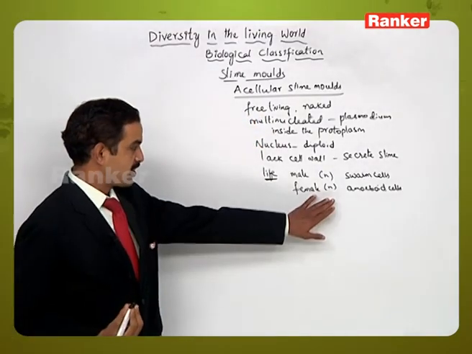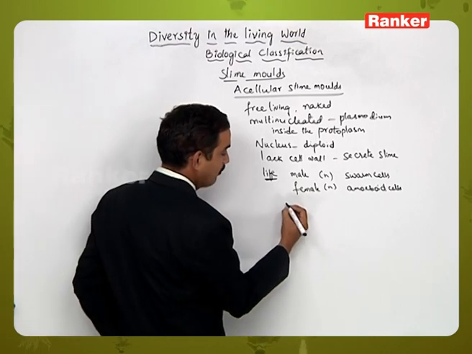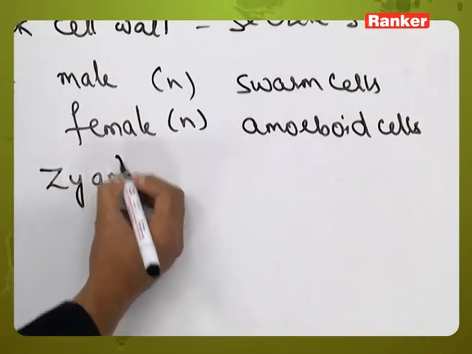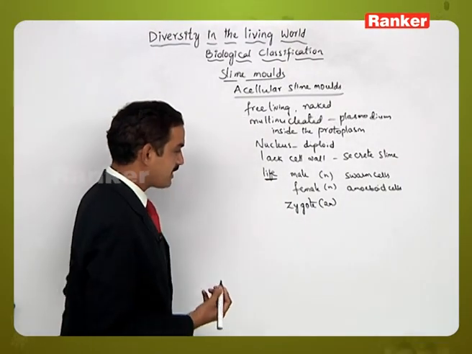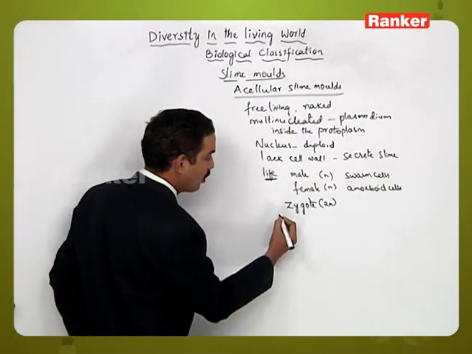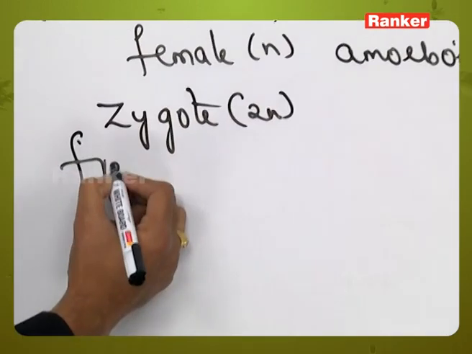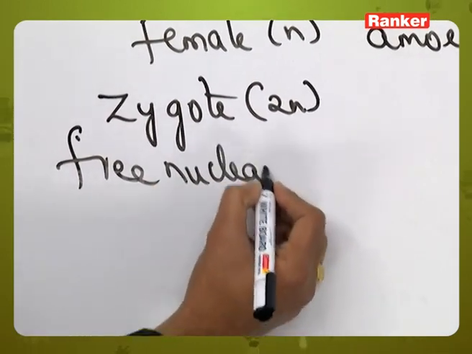These two structures, which are haploid in nature, will fuse to form a diploid structure called a zygote.